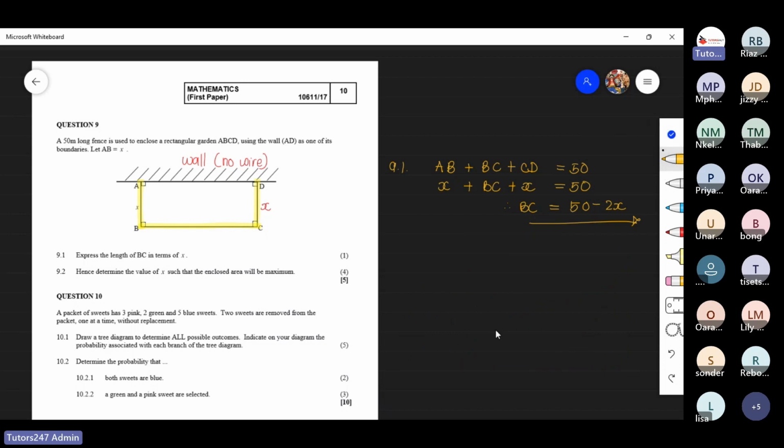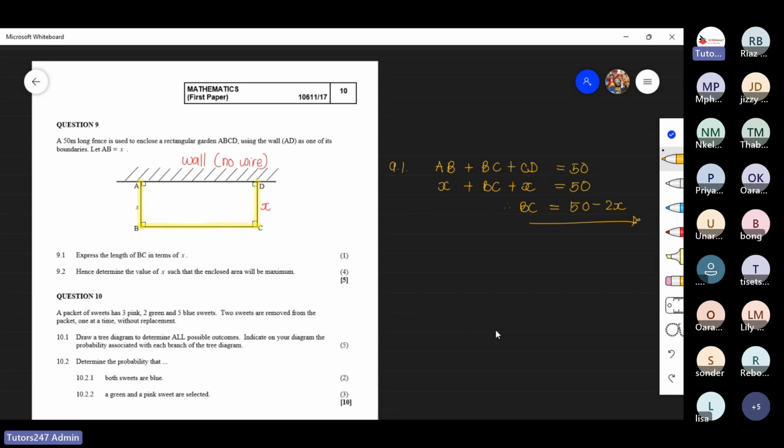Now we've got question 9.2. Hence, that word hence is a continuation question. It means that you have to use information from the previous question in this current question. Because our previous question was to calculate BC, chances are we are most likely going to use BC in question 9.2.